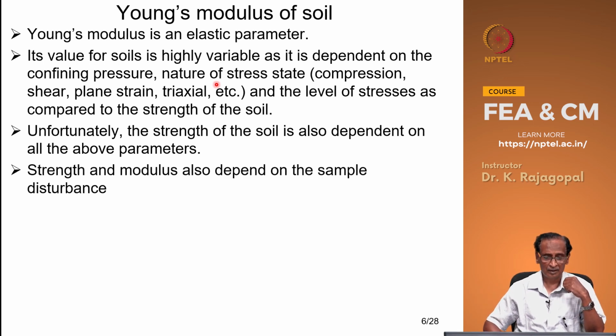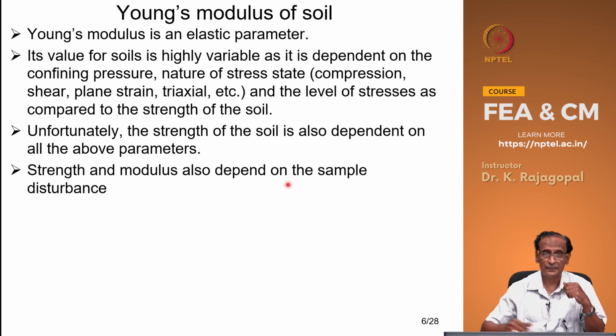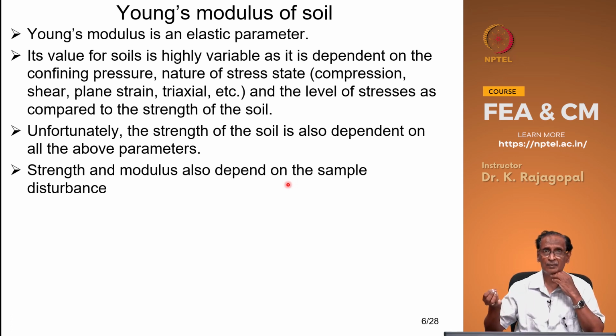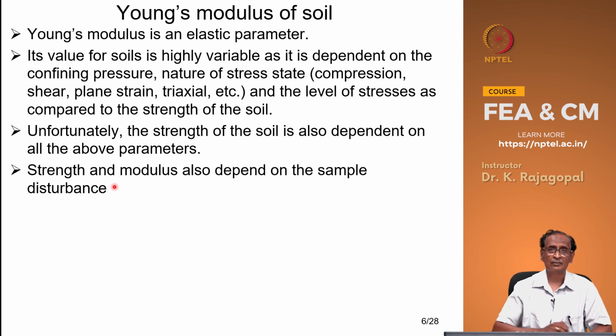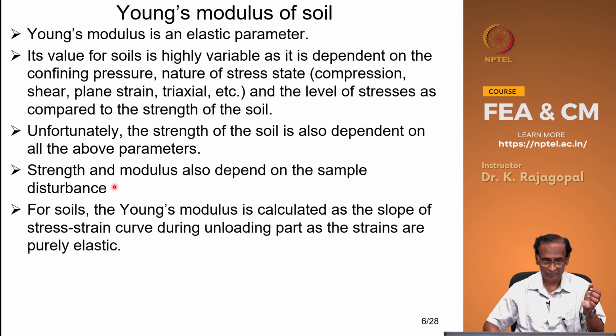And the strength and modulus also depend on the sample disturbance. So we cannot really depend on the tests that we perform on samples collected from the field, because sometimes our samples might be so disturbed that if you test them in the lab, you might estimate a very low strength or very low modulus.